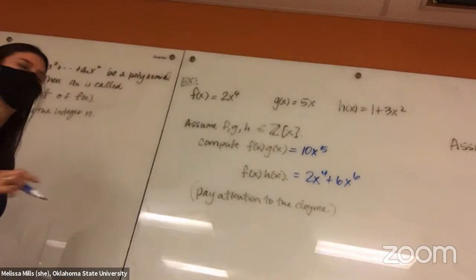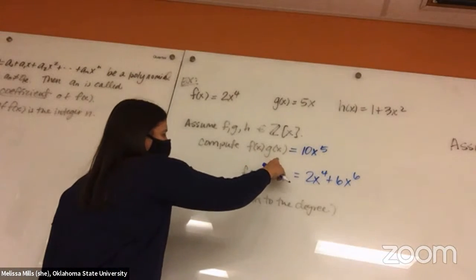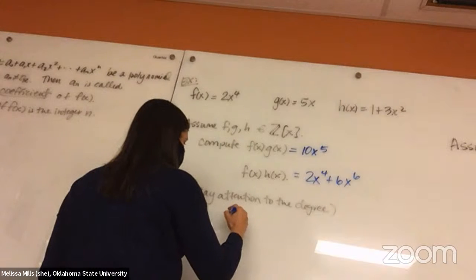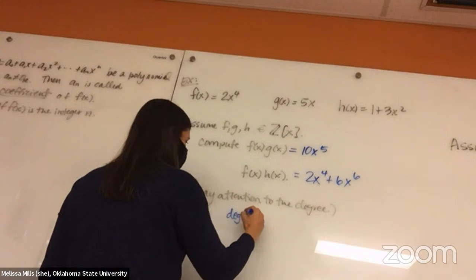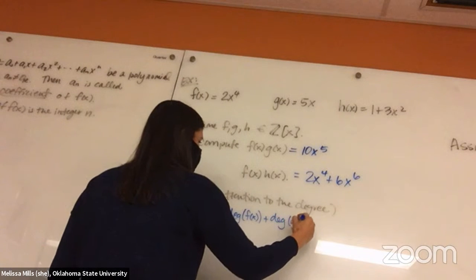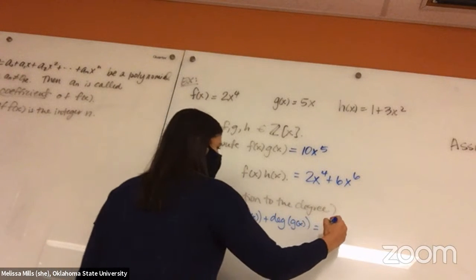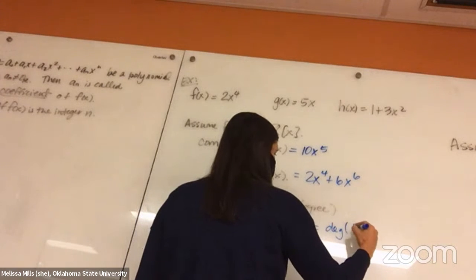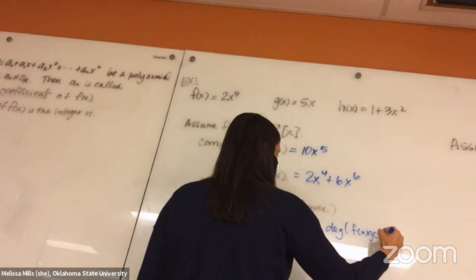Add the degrees. So we are seeing here that the degree of f of x plus the degree of g of x was equal to the degree of f of x times g of x.